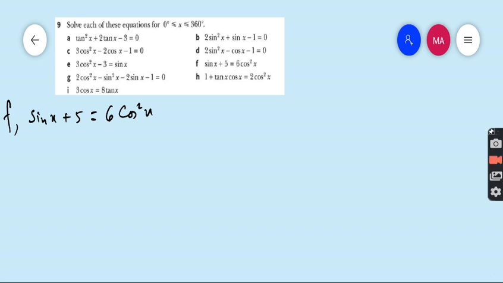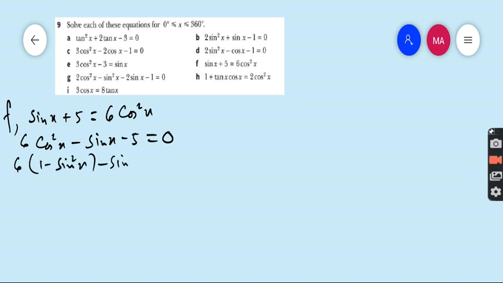Sin x plus 5 is equal to 6 cos square x. First shift sin x to the other side, it will be minus sin x. Shift 5 to the other side, it will be minus 5, and the remaining on the other side is 0. Again, there are two trigonometric functions, so we have to convert cos square x into 1 minus sin square x.